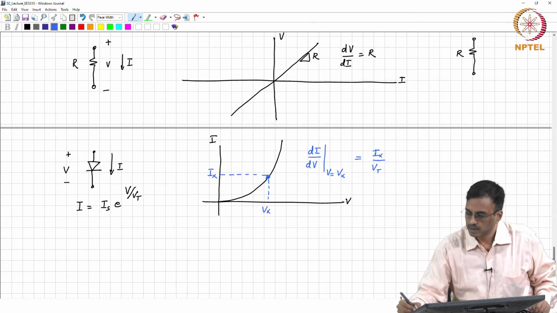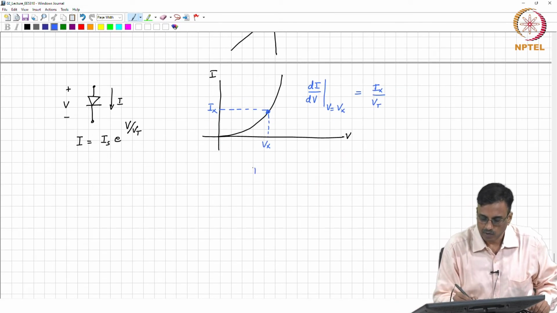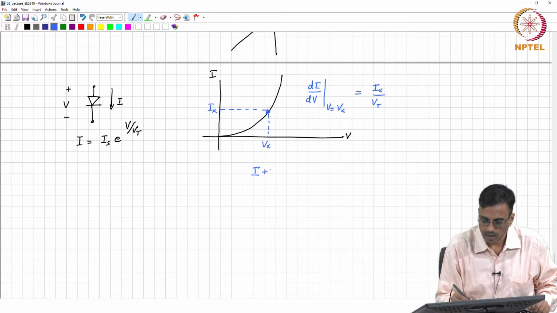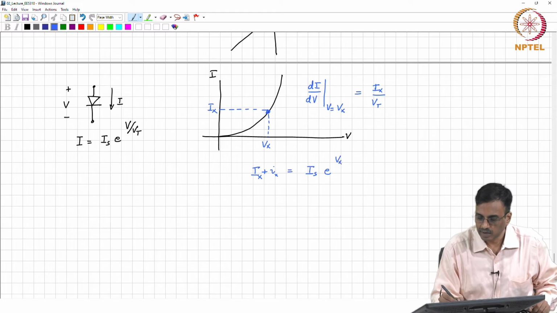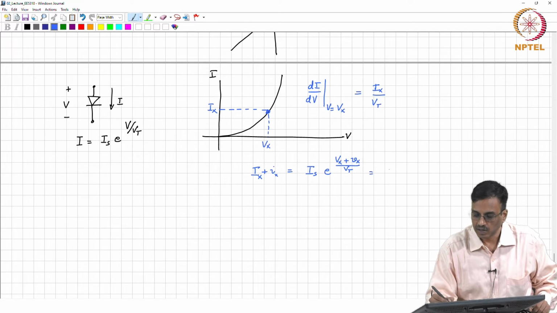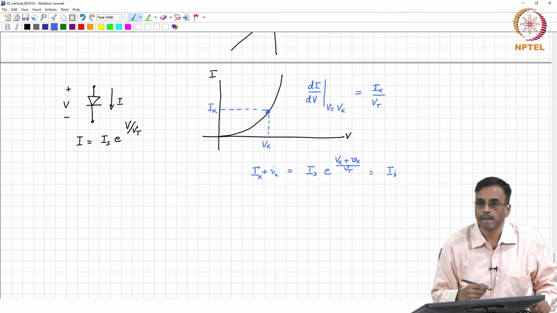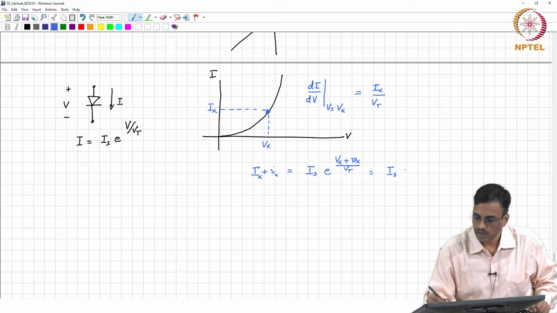Let us do that. So I, as you know, is capital I plus small i, which must be equal to Is exponential of Vx plus small vx by Vt, which is nothing but Is times e to the capital Vx by Vt times e to the small vx by Vt.